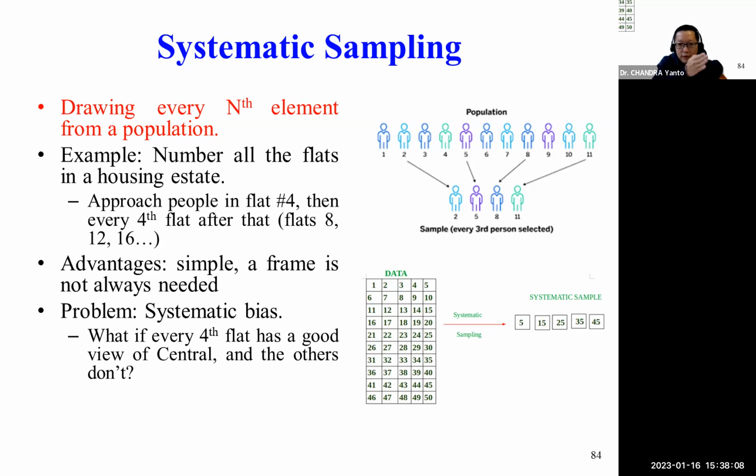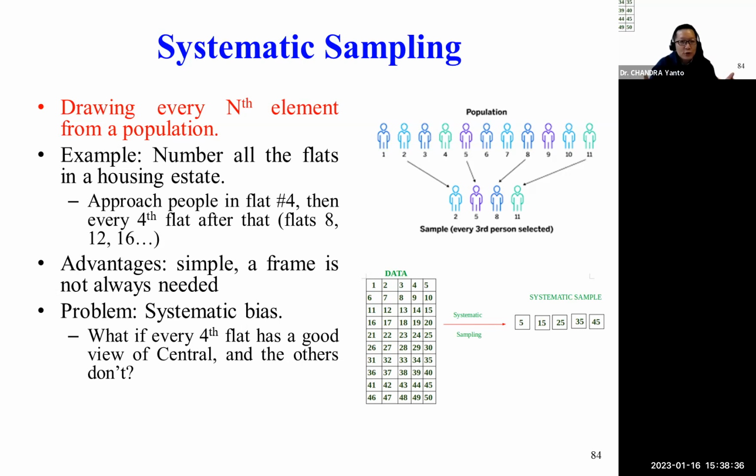The second person, the fifth person, the eighth person, etc. And then in systematic sampling, for example, you want to study people in housing estates, and housing estates have flat numbers, right? You can go to every fourth flat: number 1, number 4, number 8, number 12, or you can also look at other ways to find samples, every 5, every second.